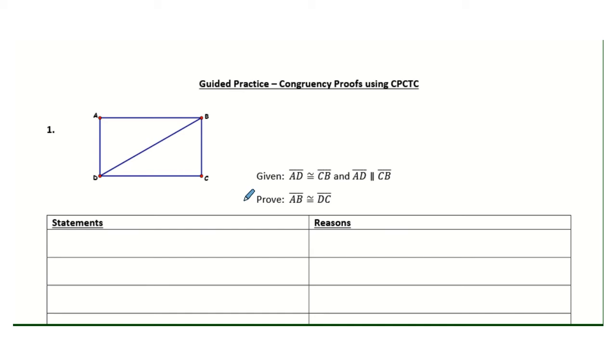All right, we're going to do two more examples. So here it's given that line segment AD is congruent to line segment CB. Let me mark that up here. AD is congruent to CB, and that's given. Also given is that line segment AD is parallel to line segment CB.